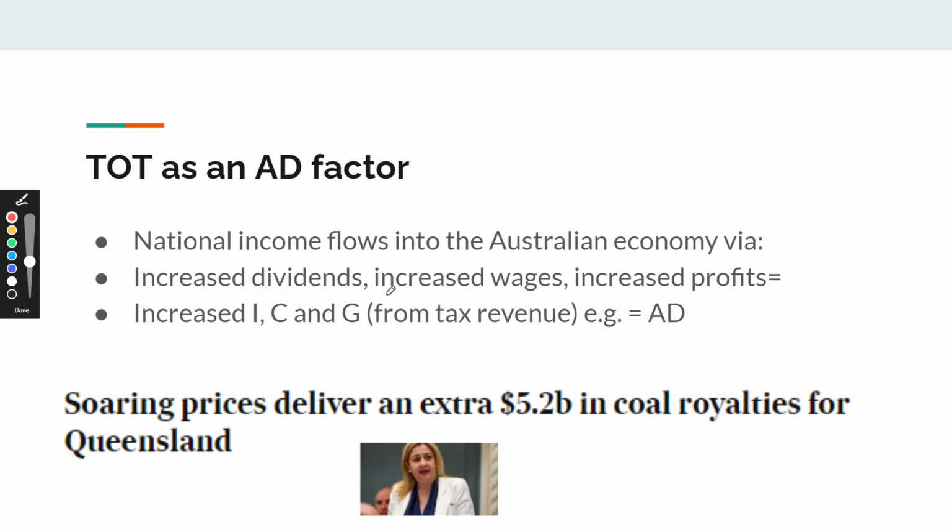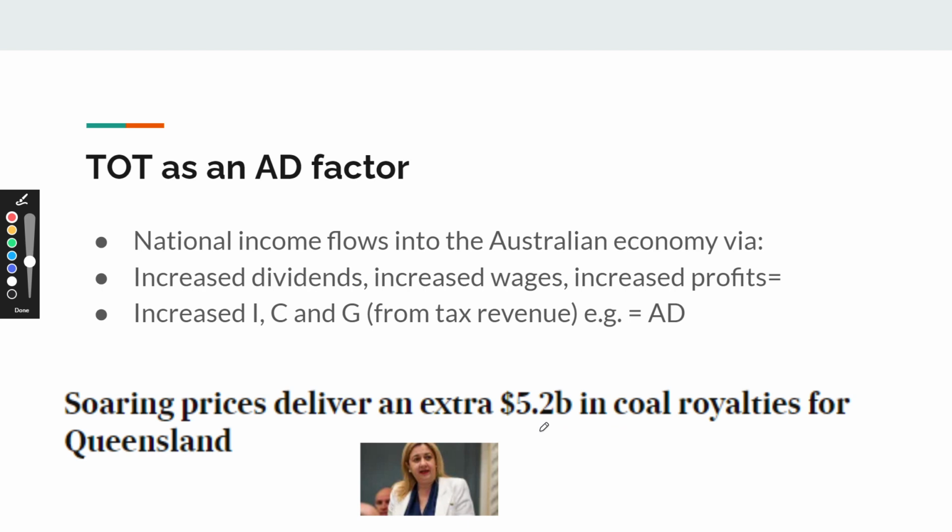Individuals that work at these companies tend to receive higher wages, they might receive a bonus, and the business itself receives higher profits. The other thing that happens is governments, particularly state governments, receive higher tax revenues because they charge some of our industries, particularly the coal industry, royalties. The higher the price of coal, the higher the royalties that governments receive.